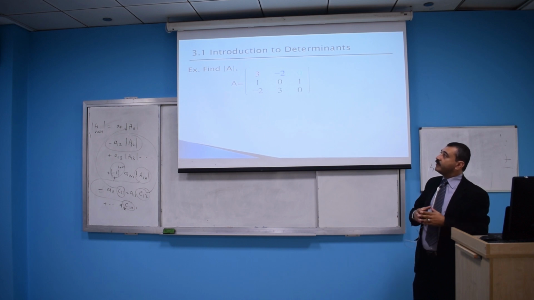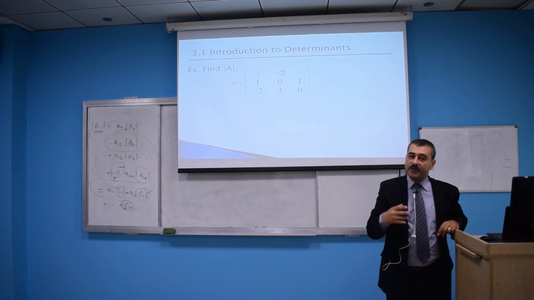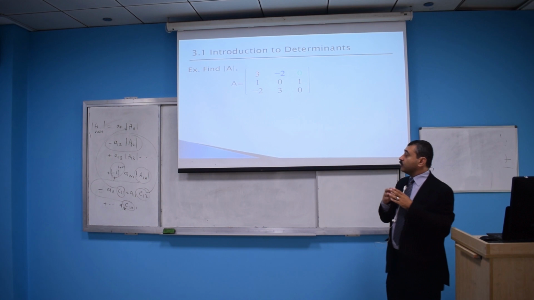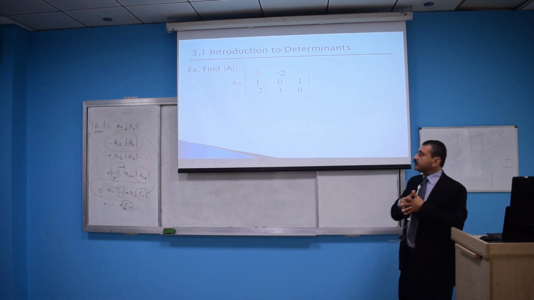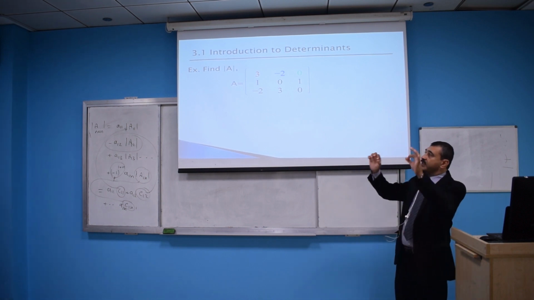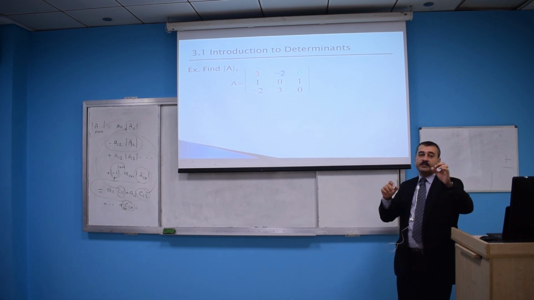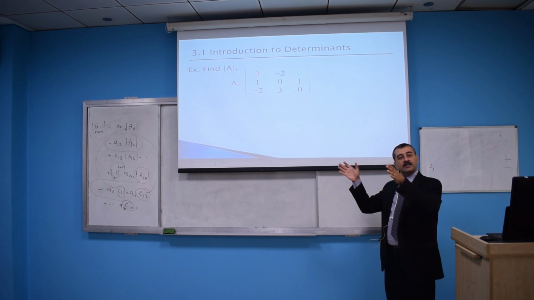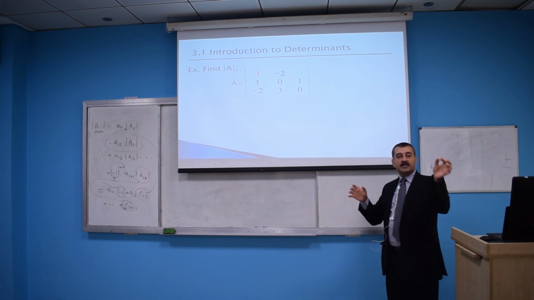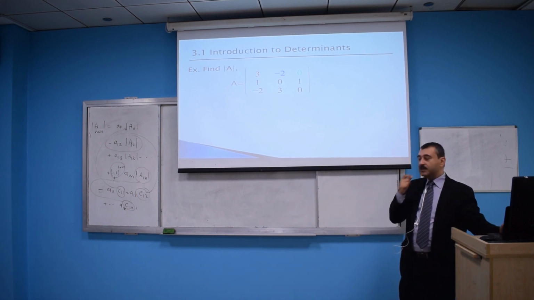If I want to find the value of the determinant of this matrix using the first row, I'll take the entries 3, -2, and 0, and multiply each of them by its minor and the sign according to the sign rule.